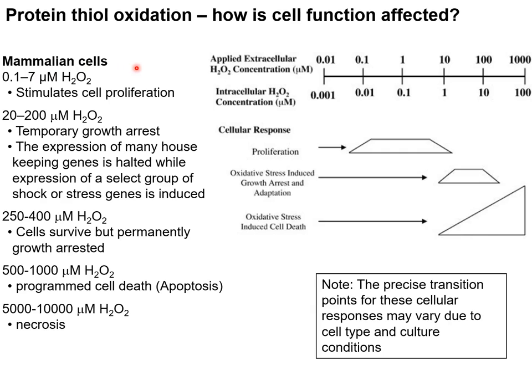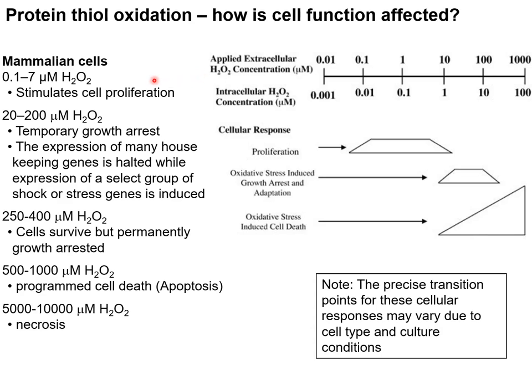So firstly, when we're looking at hydrogen peroxide, certainly if we're doing it in cell culture, the extracellular concentration you're applying doesn't necessarily equate to intracellular concentration of peroxide. So peroxide can cross membranes, but once it enters the cell, it can be broken down, and that means that the intracellular concentrations are not necessarily equivalent to extracellular concentrations.